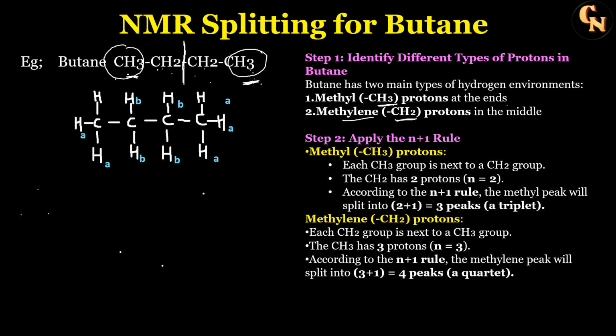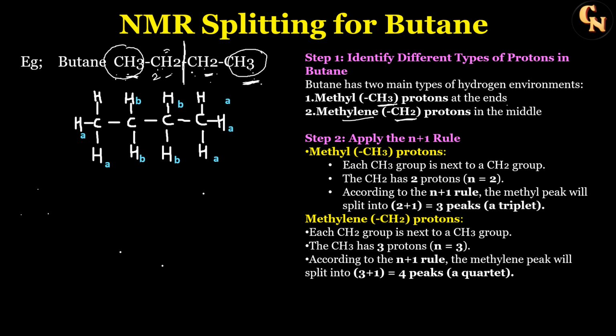Similarly, for methylene CH2, the neighboring carbon has 3 protons on one side and 2 protons on the other, so 3 and 2. For the second carbon, on the left hand side it has 3 protons, and on the right hand side it has 2 protons.